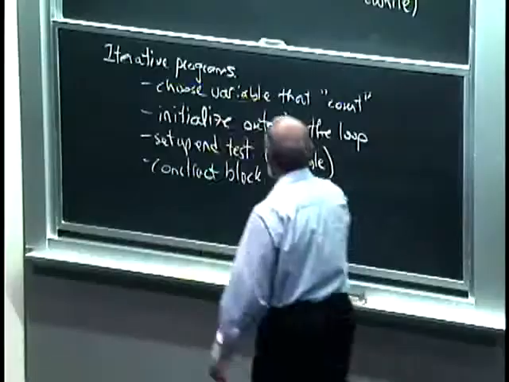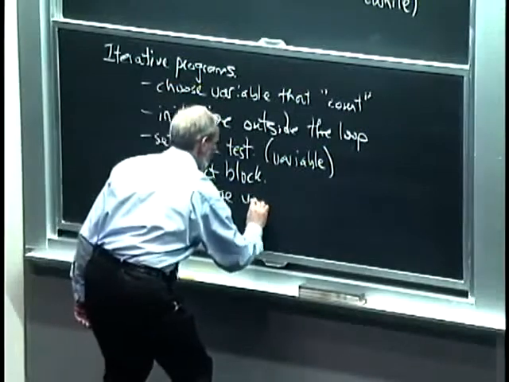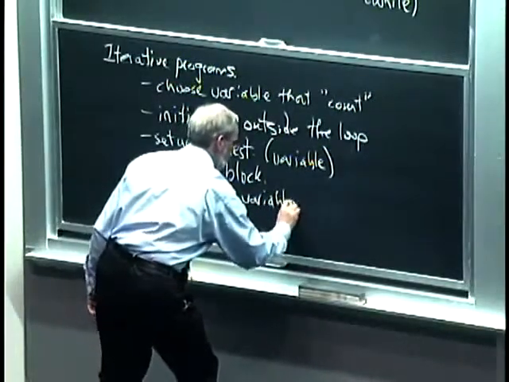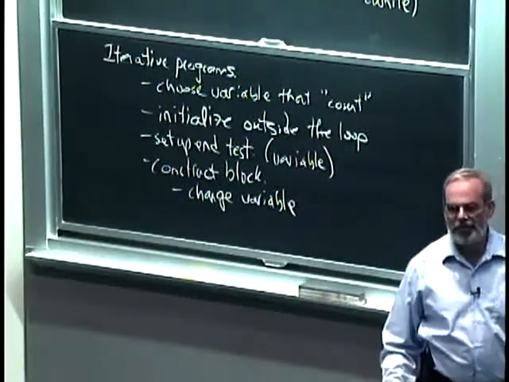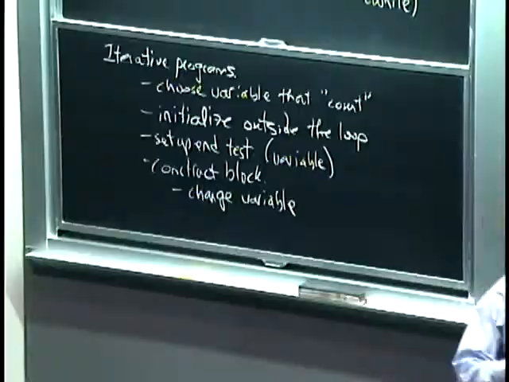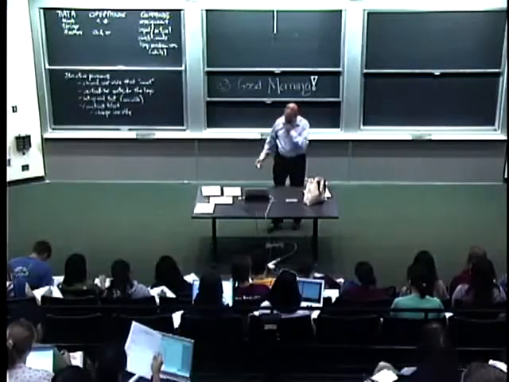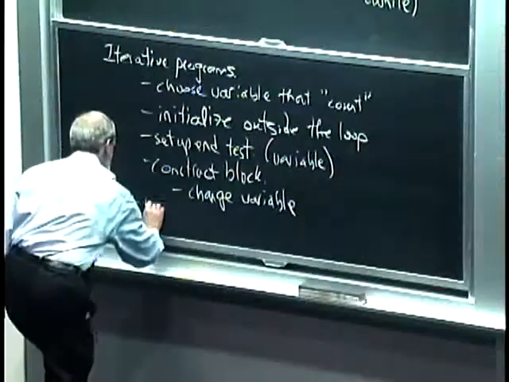And I better be changing the variable inside of here. If that variable that's counting is not changing, I'm going to be stuck in an infinite loop. So I ought to expect somewhere in there a change of that variable. And then the last thing I want to do is decide, what do I do when I'm done?